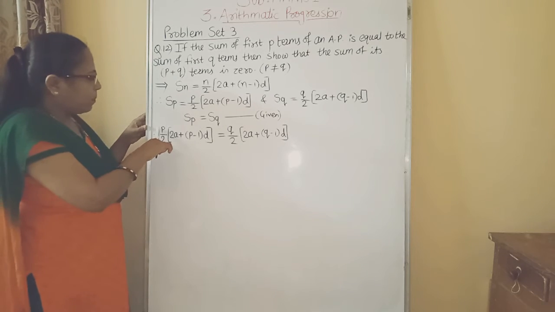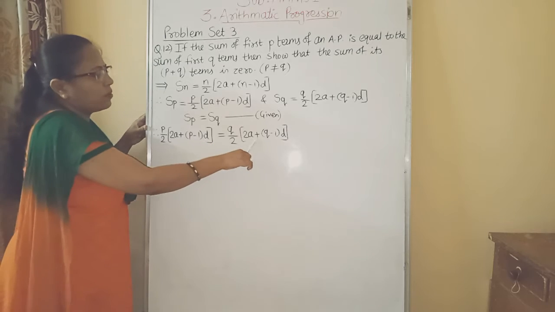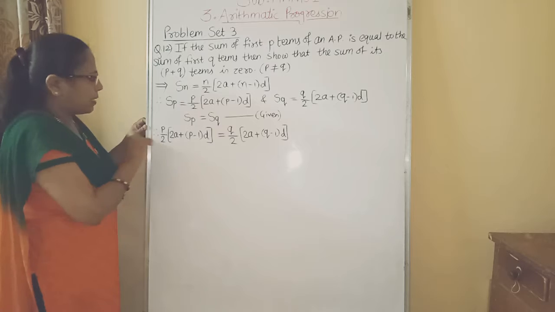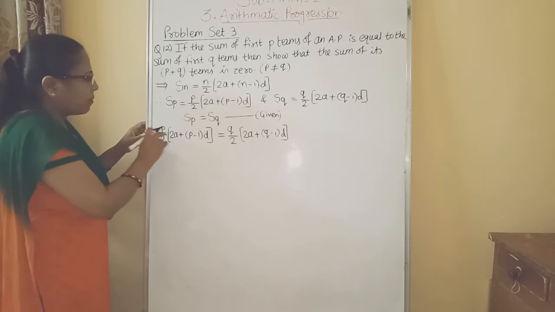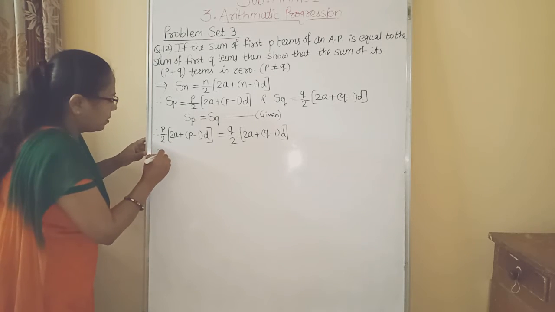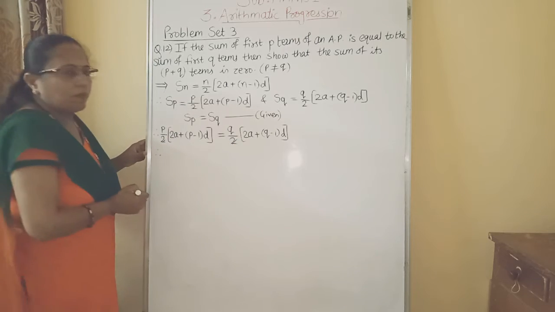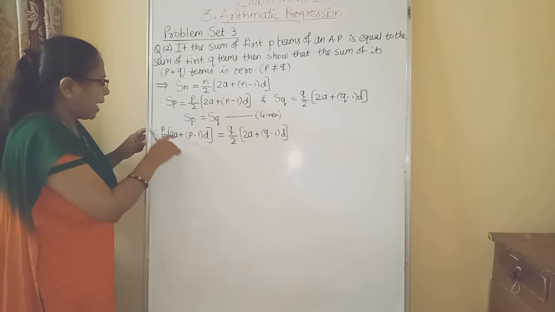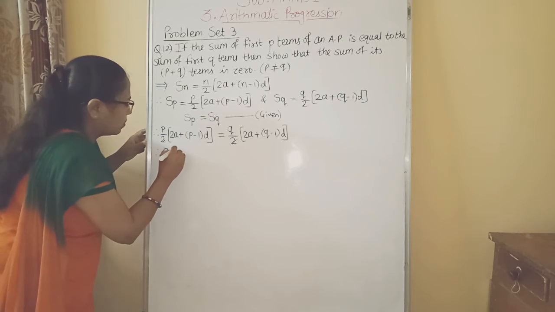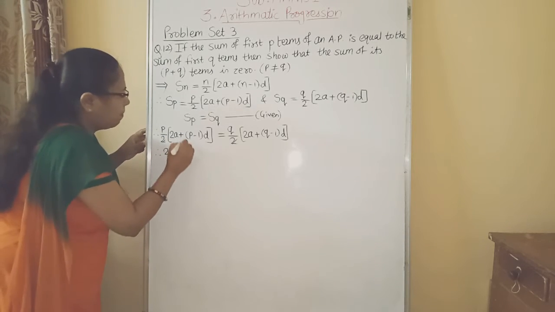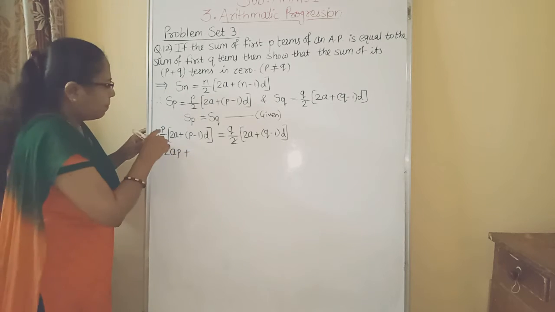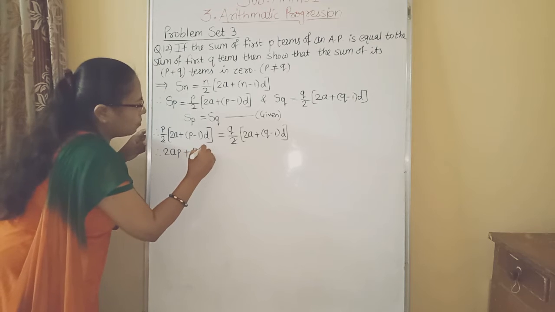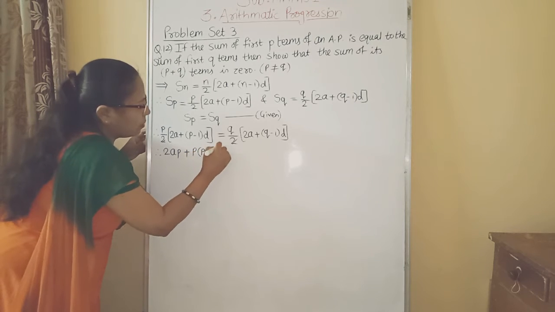Okay, and we will get p into this bracket, q into this bracket. So we will multiply the bracket. This whole bracket we have to multiply by p. So if you multiply by p, see these two get cancelled from both the sides. So p into 2a, we will get 2ap plus p into p minus 1 into d.